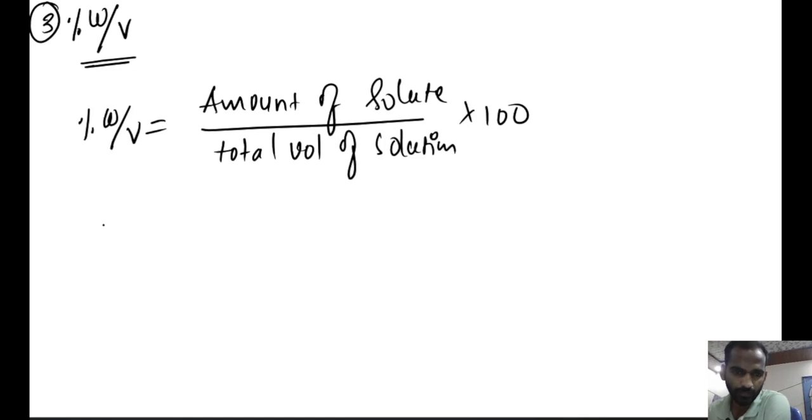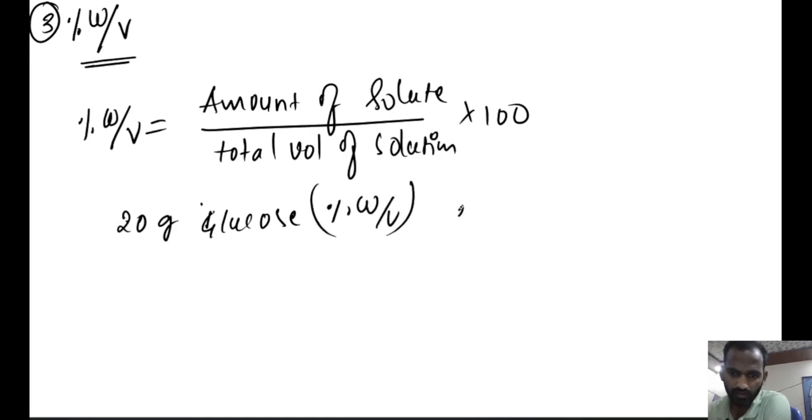For example, they will say 20 gram, like we take glucose: 20% W by V glucose is present in water.